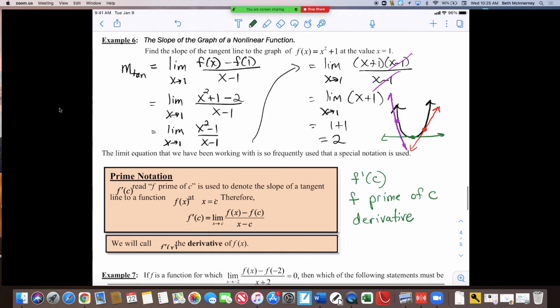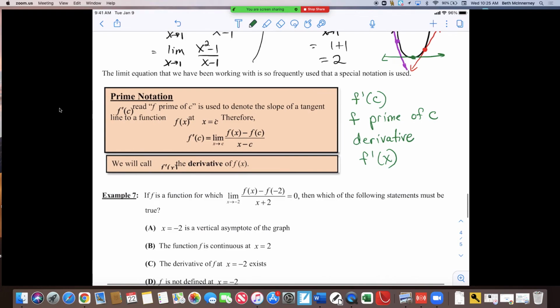And we can also denote the derivative in general as f prime of x. So the slope of the tangent line, the instantaneous rate of change, is in fact our definition for a derivative. Okay?